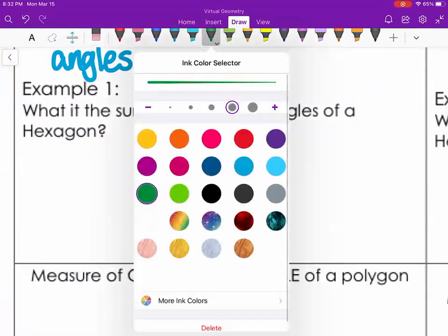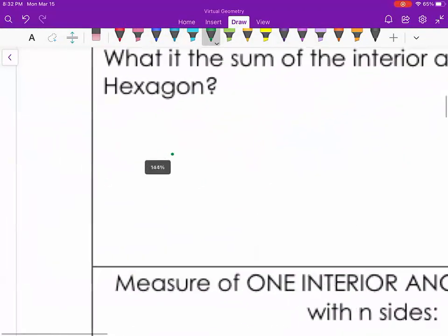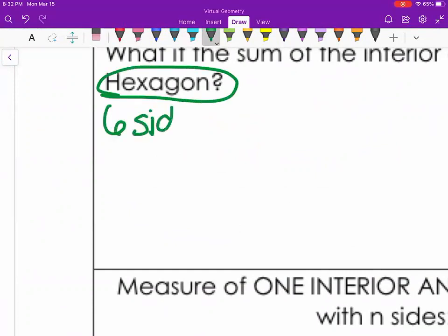All right, so example 1 says, what is the sum of the interior angles of a hexagon? So first off, we need to remember how many sides a hexagon has. So that means it's got 6 sides, for the prefix there, hexa. So if our figure has 6 sides, that means n is a 6.